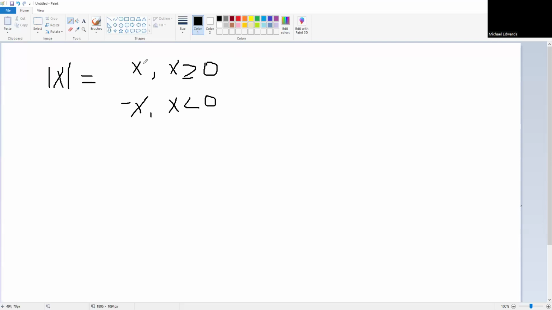So you can write it as X or negative X. Remember this part of it big time, because this is how you're going to solve equations.